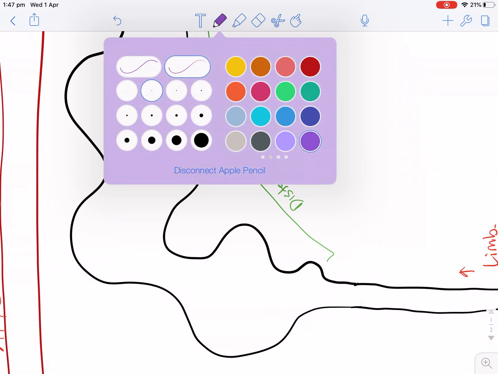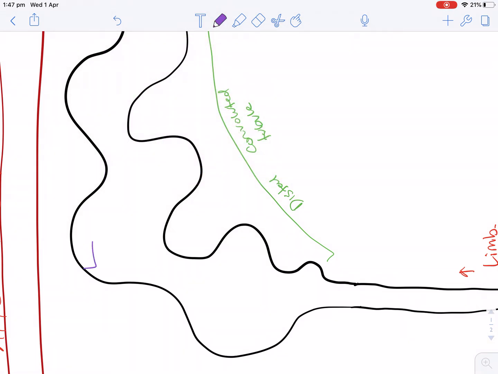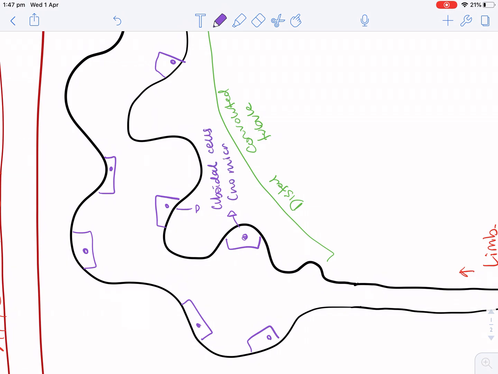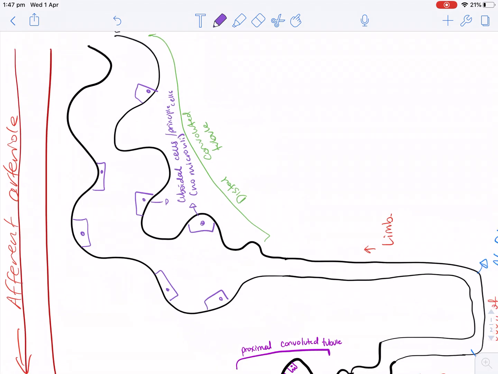Therefore, we don't need that microvilli on the cells anymore. So these here are now those cuboidal cells with no microvilli. So here and here we have cuboidal cells, no microvilli.